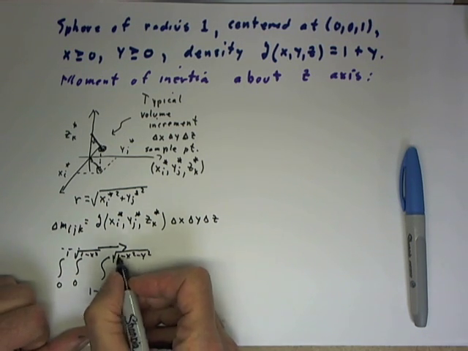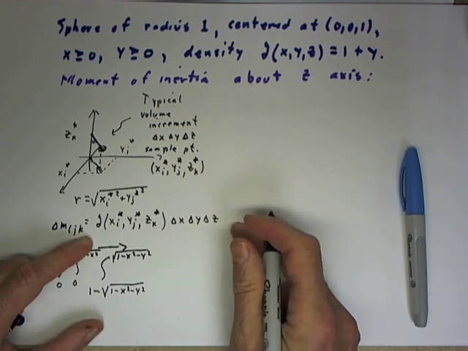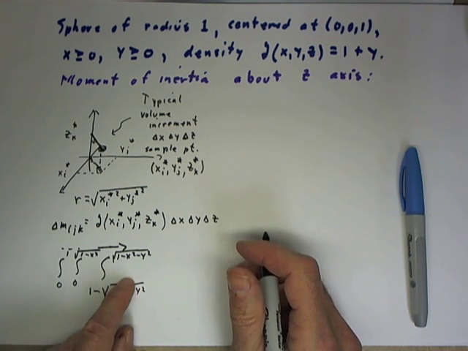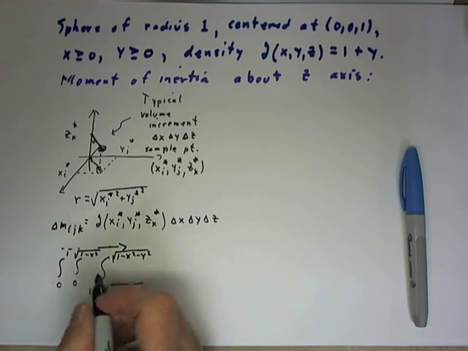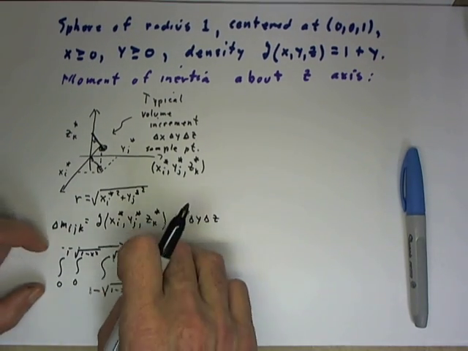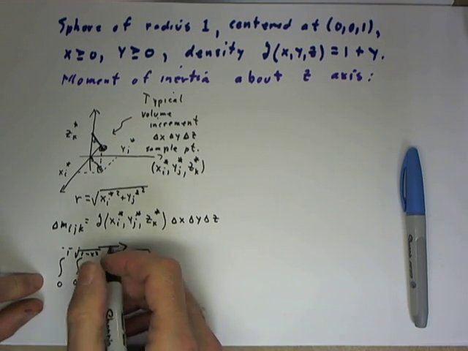And that'll be the integral of our delta of x y z function dx, dy, dz. Actually, in this case, dz, dy, dx. And we've seen the reasons for that order with these limits.